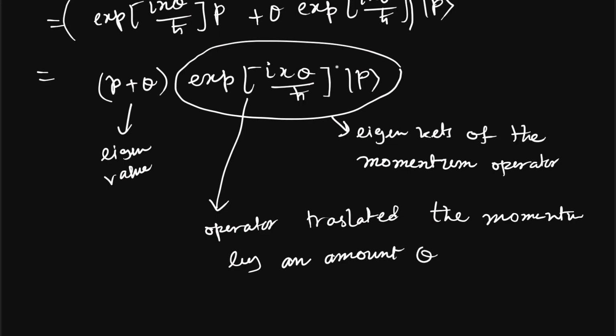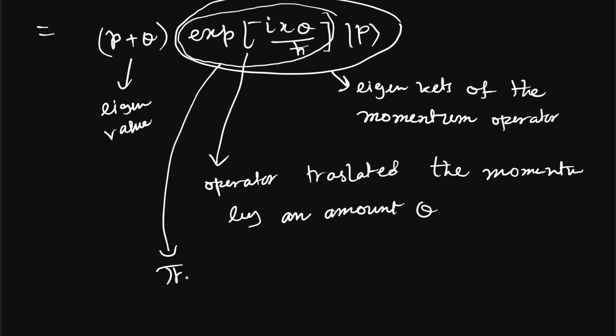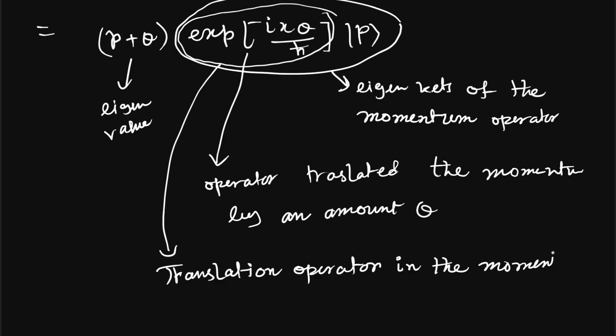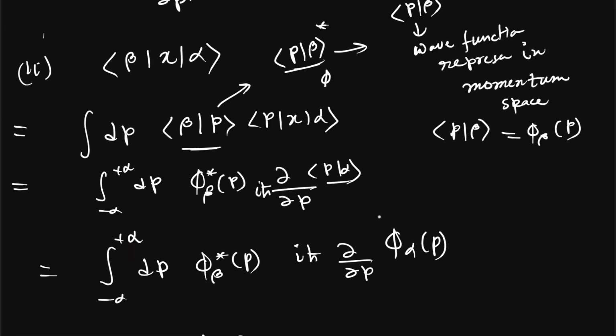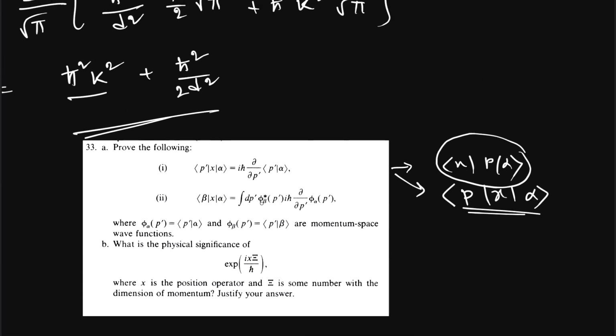So this operator is basically a translation operator in momentum space. So we have solved part B of question number 33.